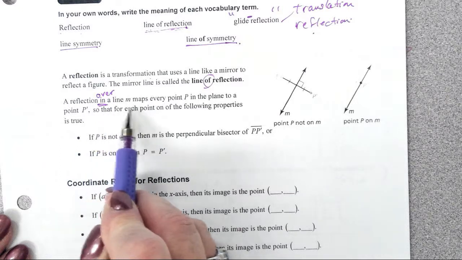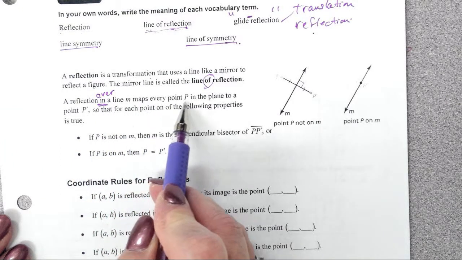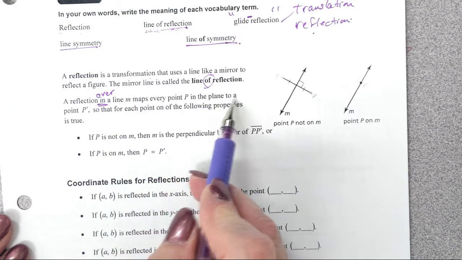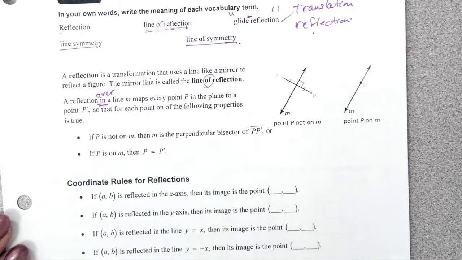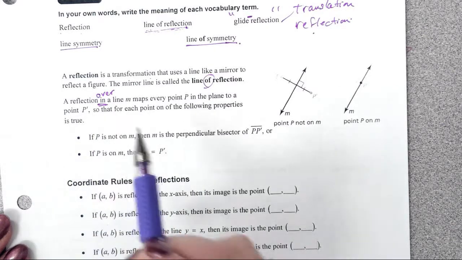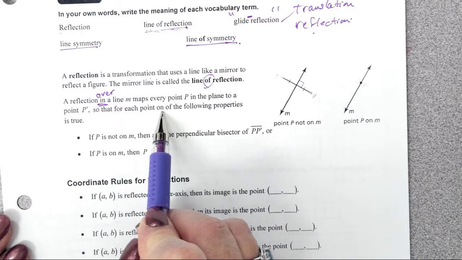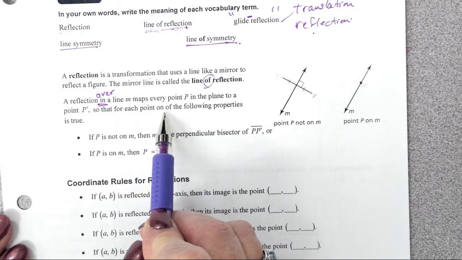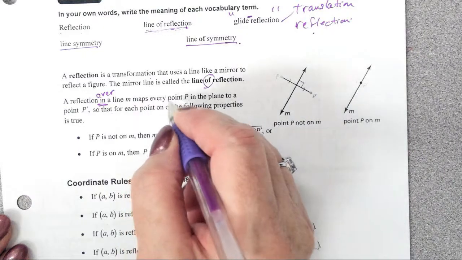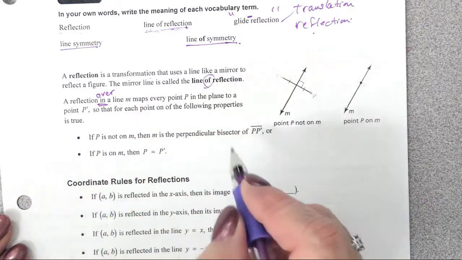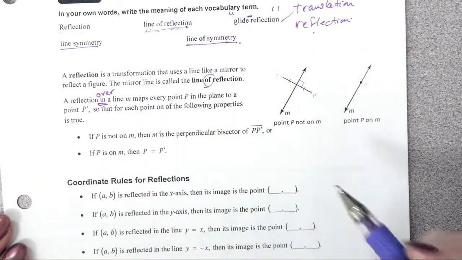A reflection in line M maps every point P in the plane to a point P prime. So did translations. So that for each point, one of these properties is true again.